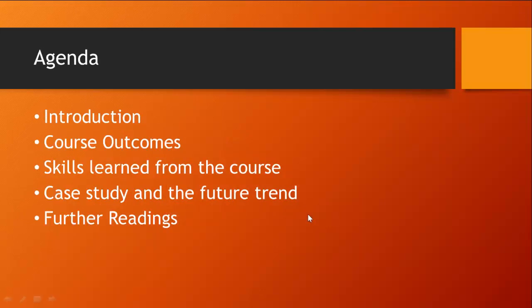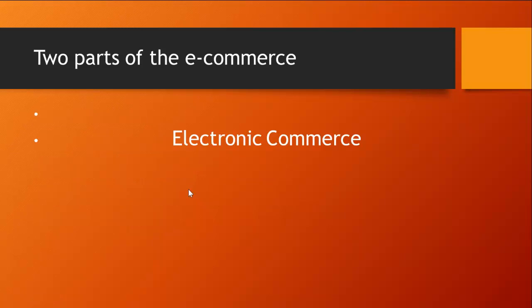Okay, since this is a project-based design, at the end of the semester, what are students going to create? Before we talk about that, let's examine this terminology again. Electronic commerce. There are actually two words, electronic and commerce. So at the end of the semester, I would ask students to create two things.